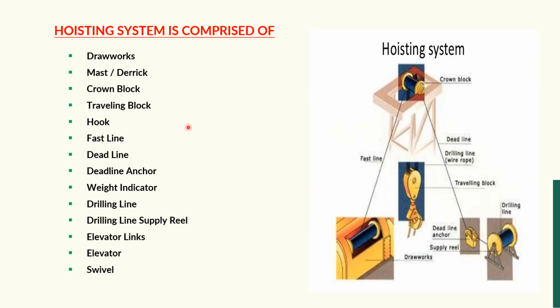Now, what are the equipments used to complete the hoisting operation? The hoisting system is comprised of these equipments, which are included for doing any hoisting operation in the rig. The first one is the drawworks, and a mast or derrick, which are the same thing.